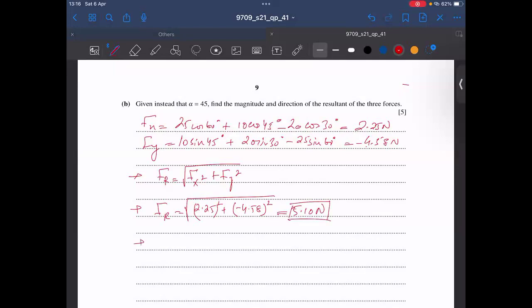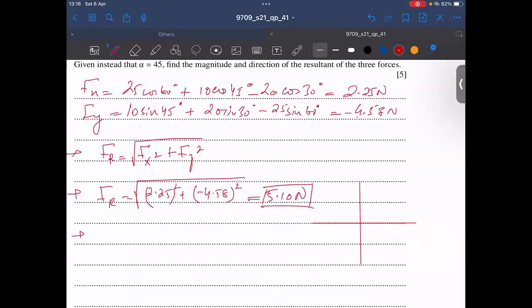And to calculate the direction, I have 2.25 towards the right and minus 4.58, like this.